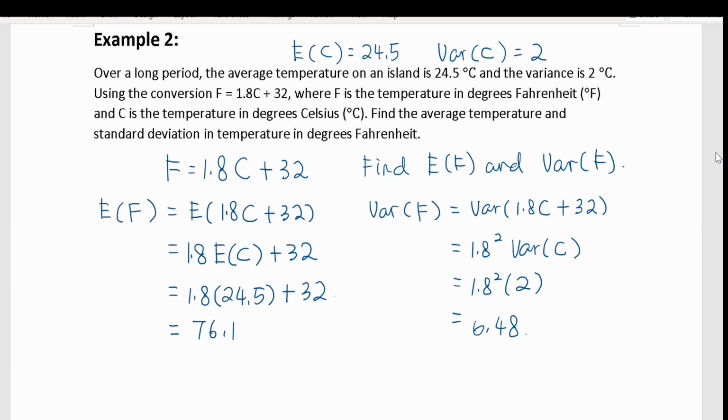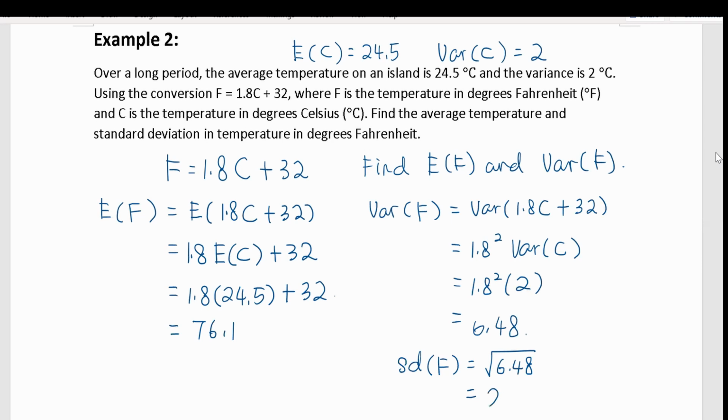All right. But since the question is looking for the standard deviation for the temperature in Fahrenheit, we square root the variance. That is how you get the standard deviation, which is 2.5456.